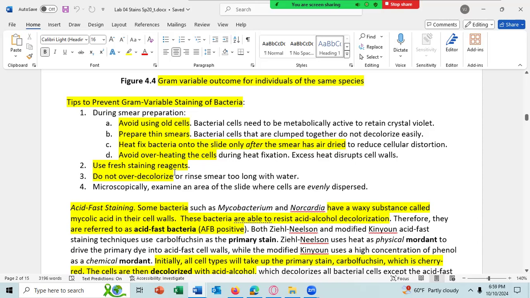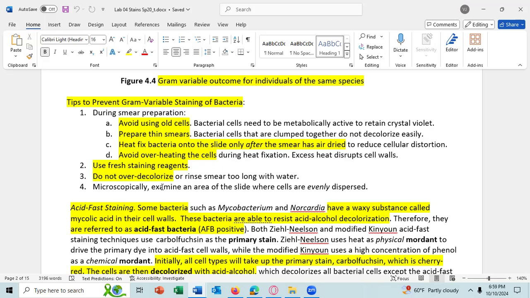Use fresh staining reagents and do not over decolorize. If you over decolorize, you will remove the crystal violet iodine complex from the gram positive cells. Do not under decolorize as well, because if you under decolorize, you will not remove all of the crystal violet iodine from the gram negative cells.